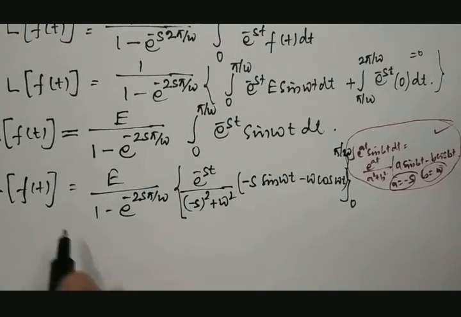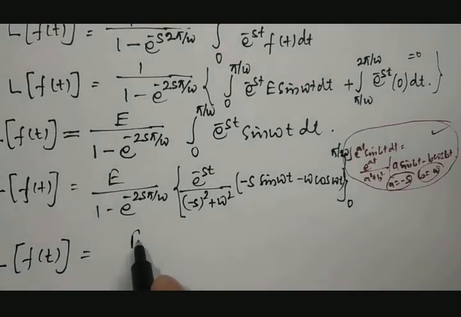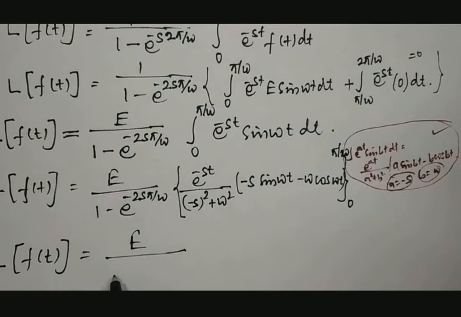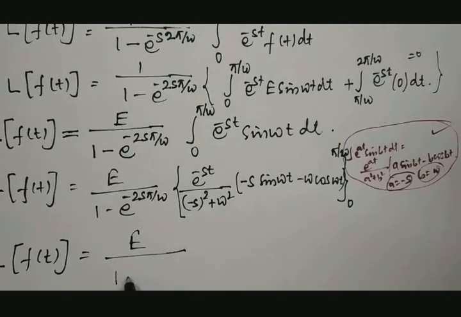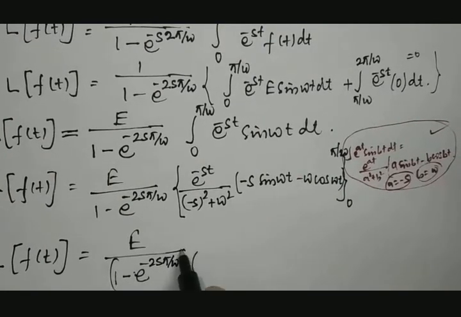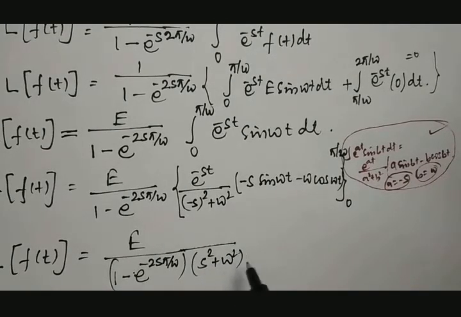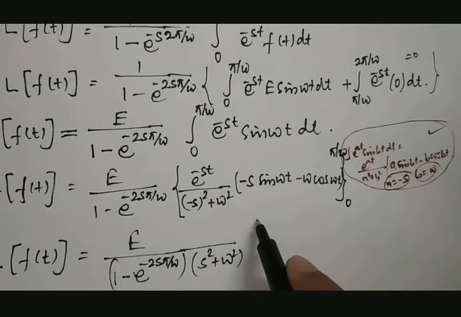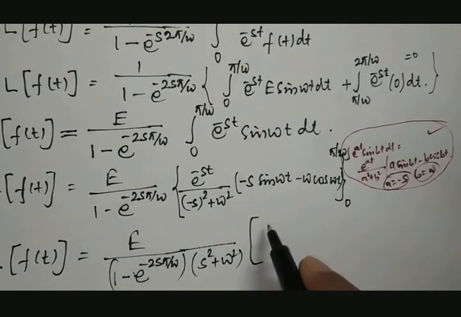Fine. Therefore, Laplace transformation of f of t is equal to e divided by 1 minus e raised to minus 2s pi by omega, that into, if you take this, that I will be taking it out, that is s square plus omega square into what remains now?